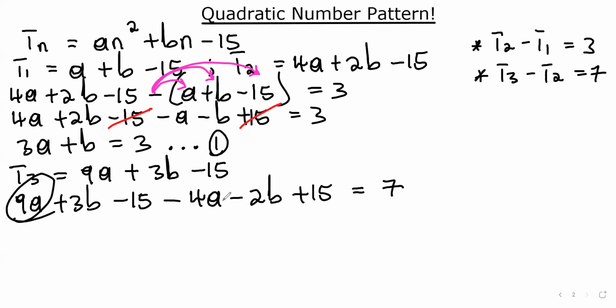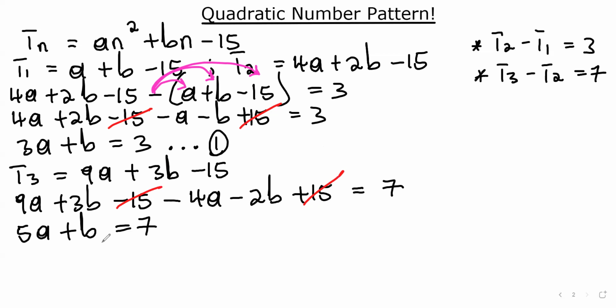So now we collect the like terms. 9 minus 4 is 5. So we have 5a, and then 3b minus 2b is simply going to give us b. And what do we say? Well, 15 and 15 once again will cancel out because they have opposite signs.